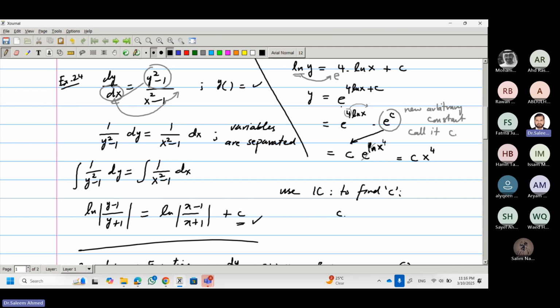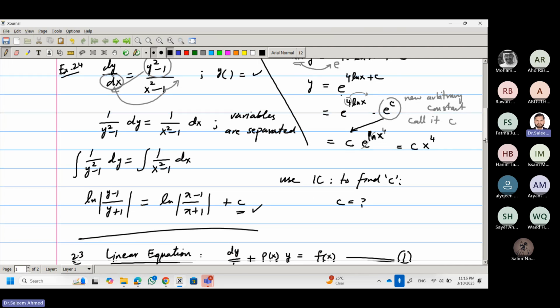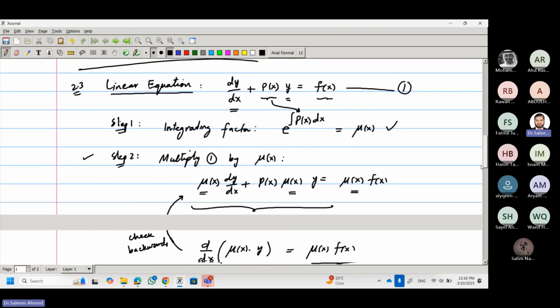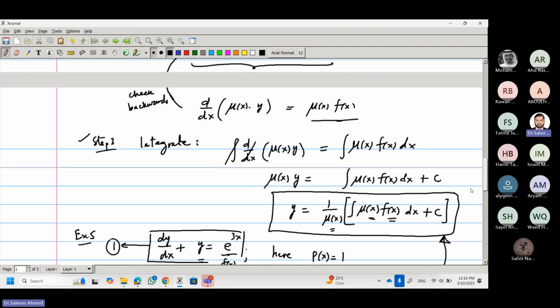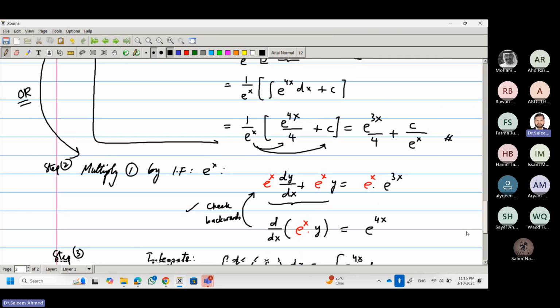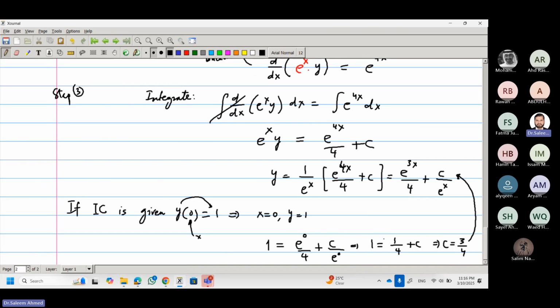That's the additional thing. For any equation, if an initial condition is given, you can use it to find the value of c, like I did here.